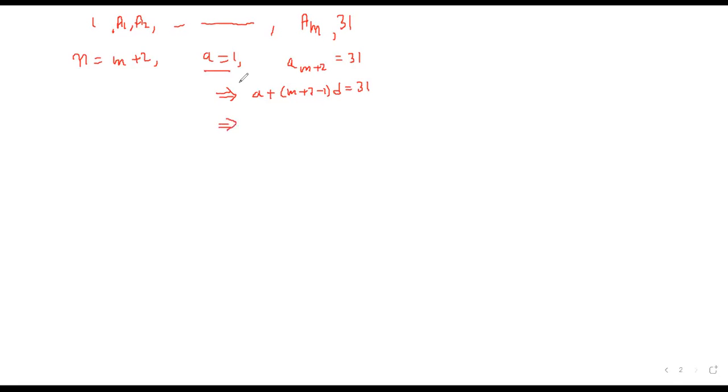And a, the first term of this AP, is 1, plus m plus 2 minus 1 will be m plus 1, into d equals 31. If we transfer this 1 to the other side, m plus 1 into d equals 30. It implies d equals 30 upon m plus 1.